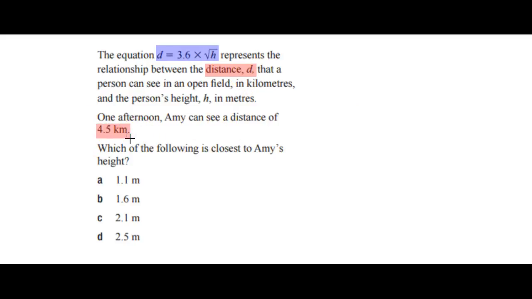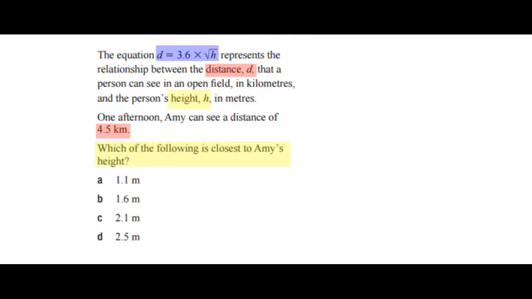There's a distance of 4.5 kilometers, right? And I want to know in this question what the height is. What is the closest to Amy's height? So really what they're asking me is to figure out what the height is if the distance is 4.5 kilometers. So let's try to work that out.